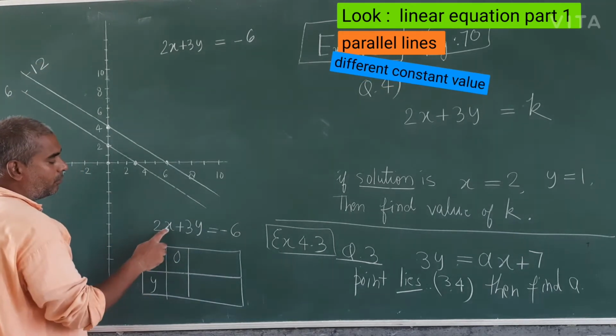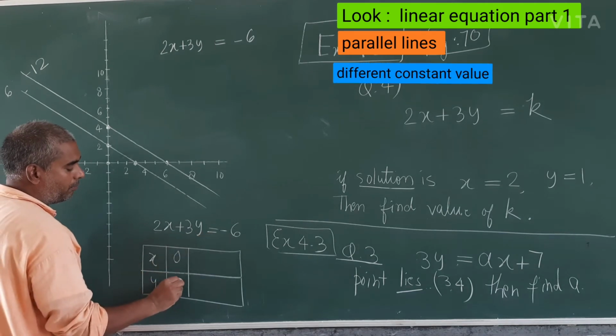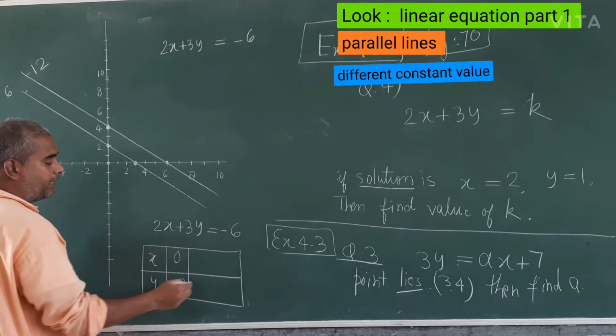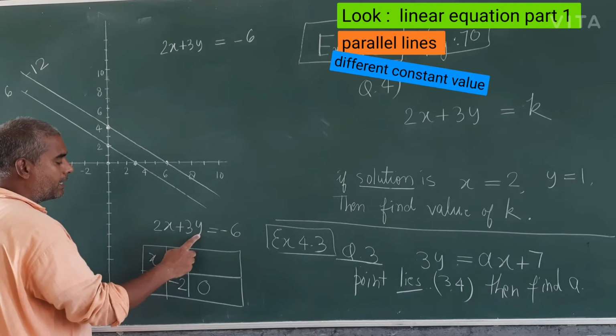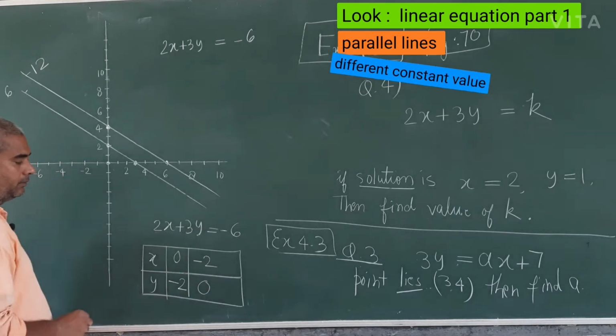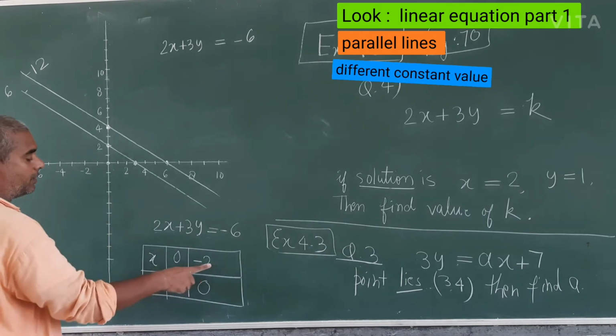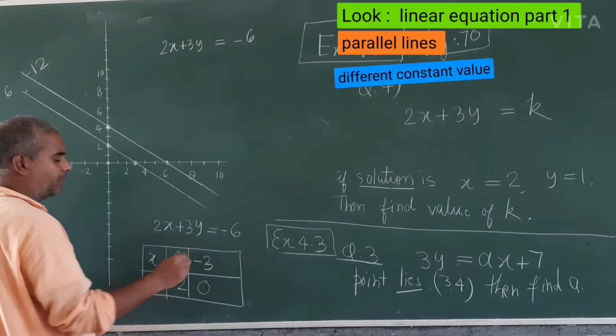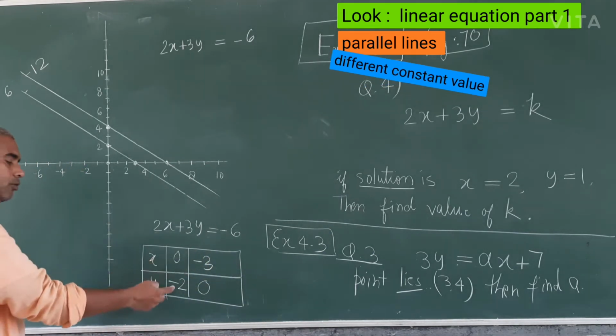X equal to 0, y equals to minus 2; y equals to 0, x equal to minus 3. So you have got 2 points.